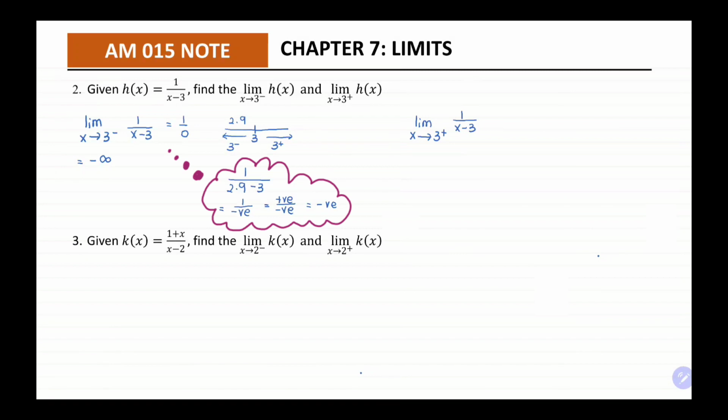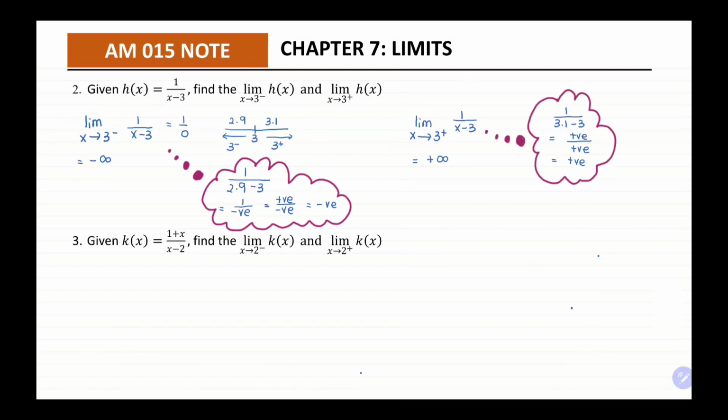So I take 3.1. 3.1 is closest to 3 but bigger than 3. So we imagine 1 over 3.1 minus 3. So we get 1 is positive and 3.1 minus 3 is also positive. So the answer is positive over positive, we get positive. So the conclusion, the answer is positive infinity.